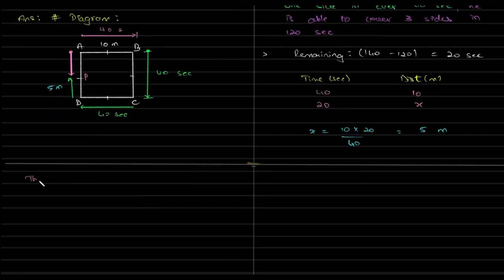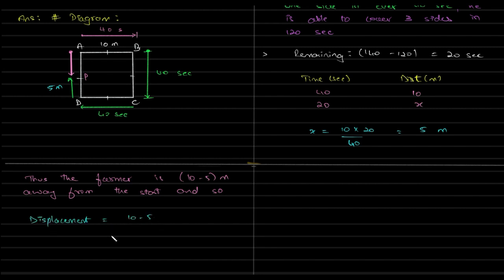So you can tell the farmer is 10 minus 5 meters away from the start. And so displacement is equal to 10 minus 5, that is 5 meters.